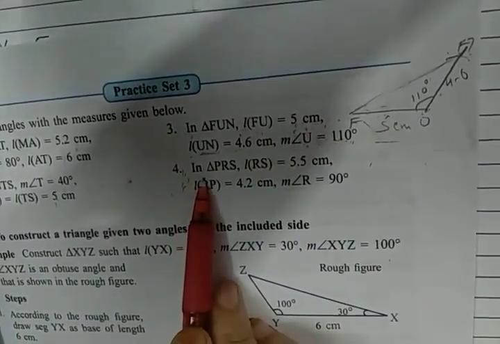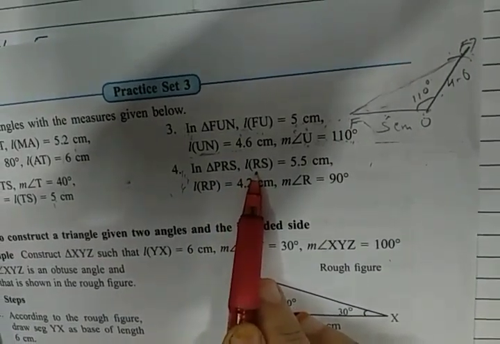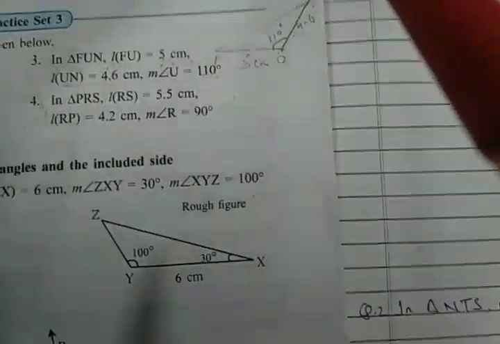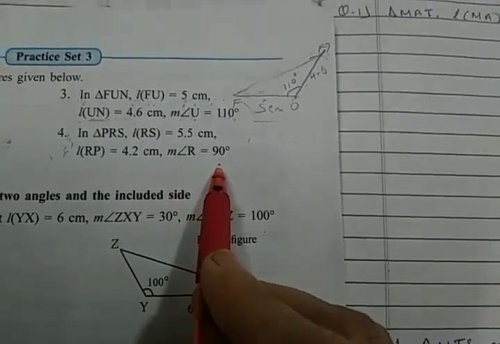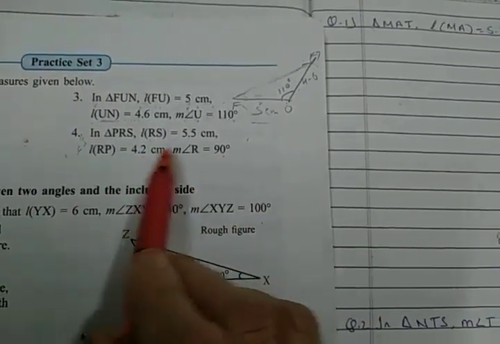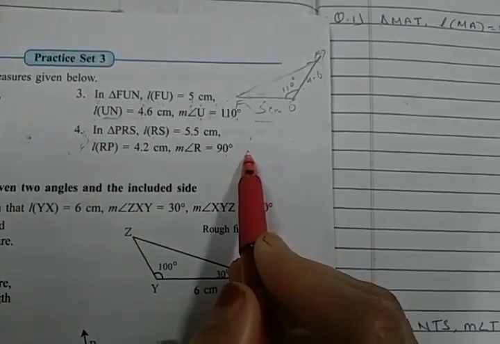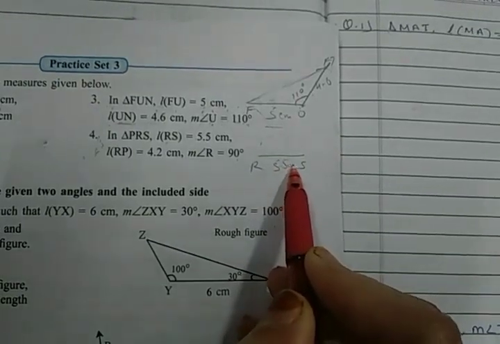Now see question number 4. In triangle PRS, length of RS is given 5.5 centimeter and length of RP 4.2 centimeter. Measure of angle R is 90 degrees. So first we will take RS as a base. Got it? RS 5.5 centimeter.